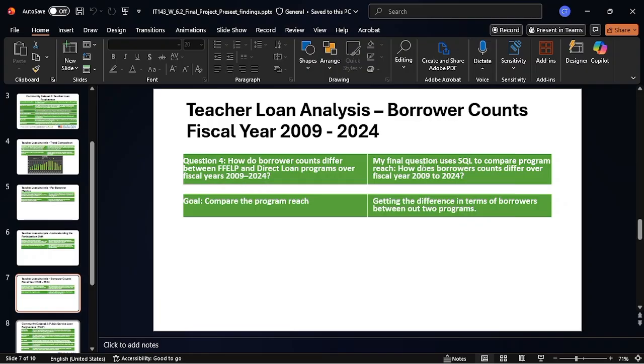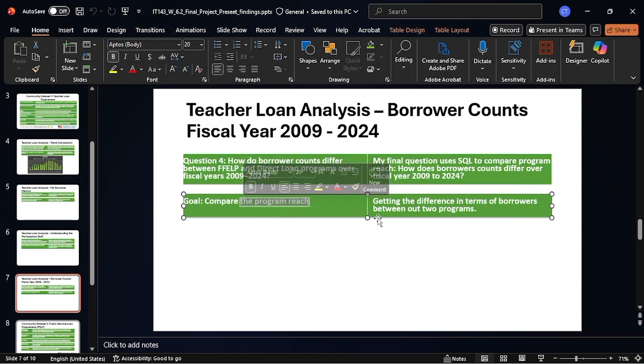So this final question uses SQL to compare program reach. How does borrower count differ over fiscal years? The goal is to compare the program reach, so to get this difference in terms of borrowers between our two programs.